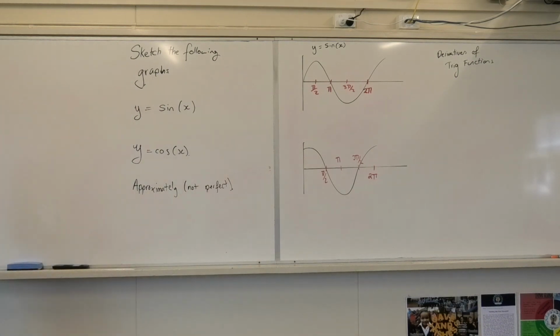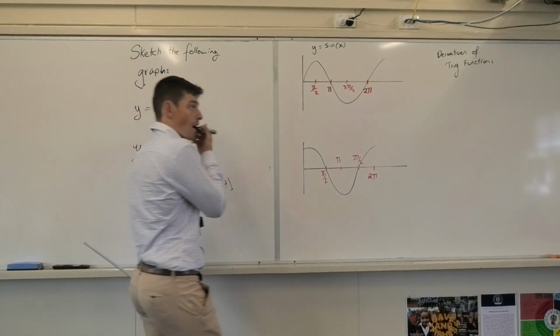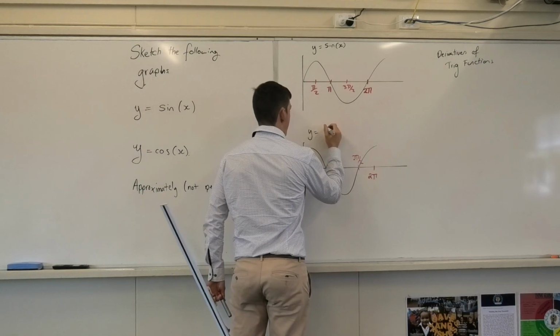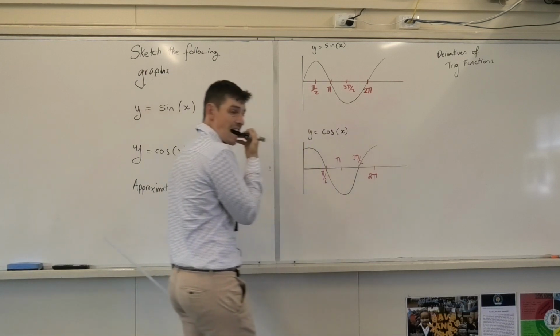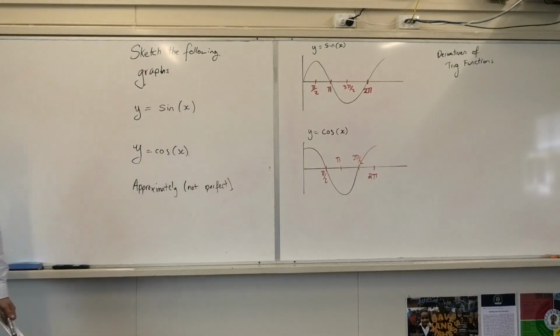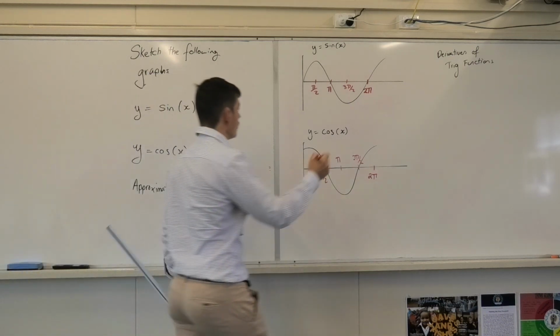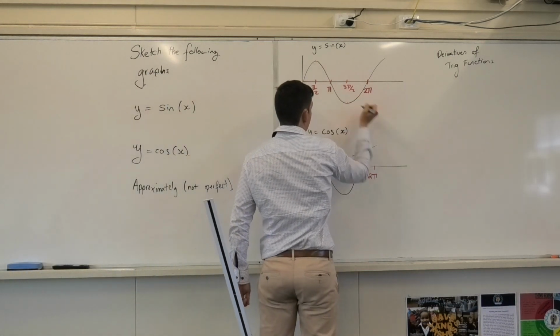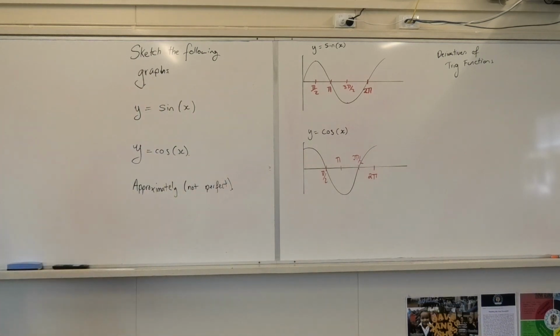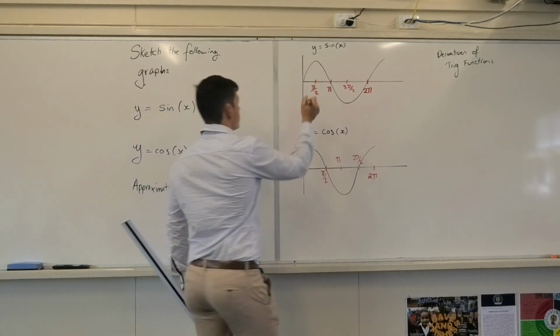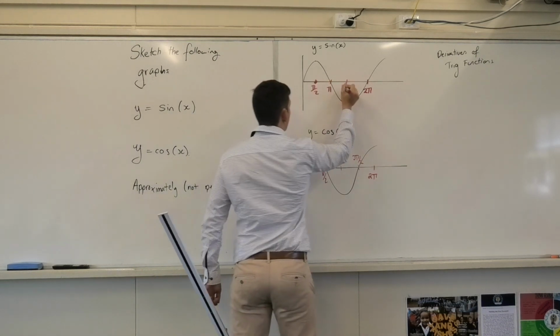Do it on both graphs, please. I'm hoping that you identified this point here and this point here. So on that graph that you've got, I want you to use a different coloured pen or a dashed line and just put a circle at those points.